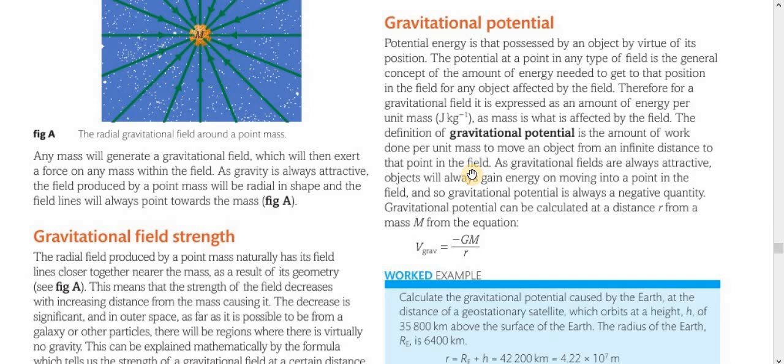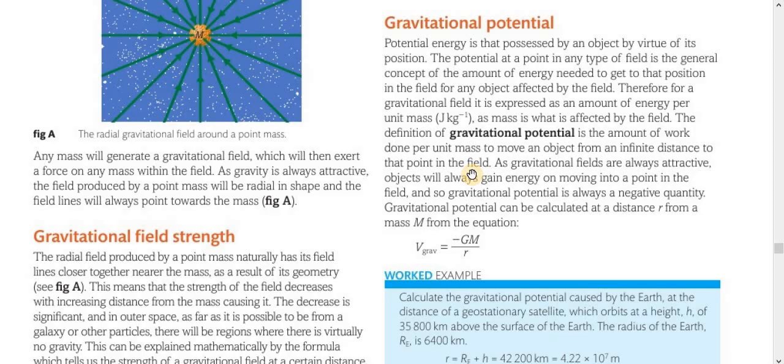The gravitational field is zero there. If it is at an infinite distance, there is no gravitational field, so no energy there. So the gravitational potential there will be zero. But when you get closer and closer to the surface of the earth, say from an infinite distance, what will happen is the energy will increase.